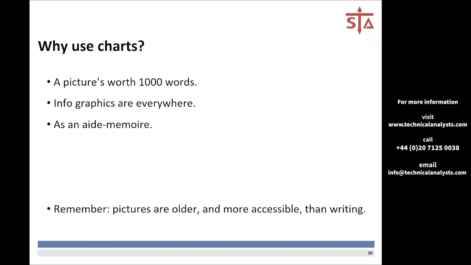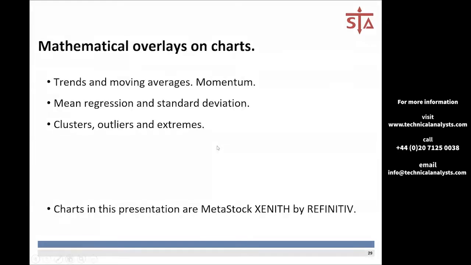So moving on to my second quick slide, which I hope to race through. What technical analysts then do is with these ideas, they add mathematical overlays onto the charts. Key is price and volume, but then you have a myriad of oscillators.